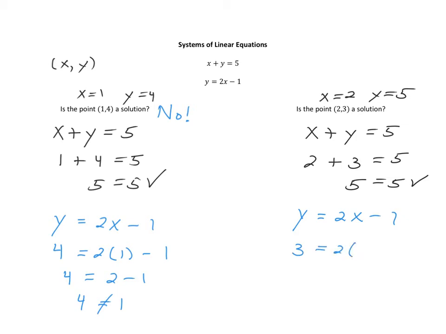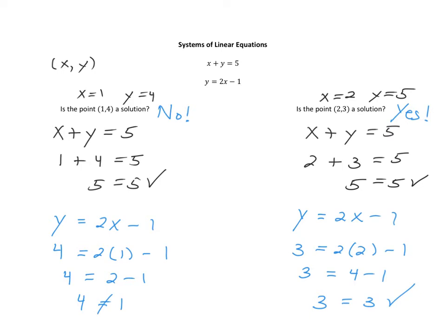We will put 2 in place of x. And is 3 equal to 4 minus 1? It is, because 3 is equal to 3. So the answer over here is yes. The point (2, 3) is a solution to this system of linear equations.